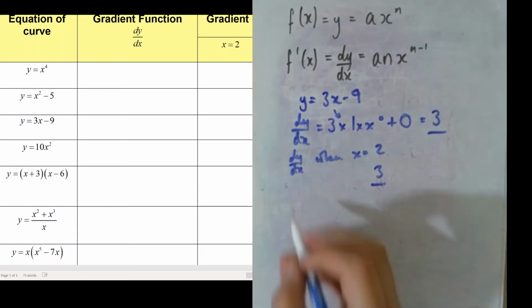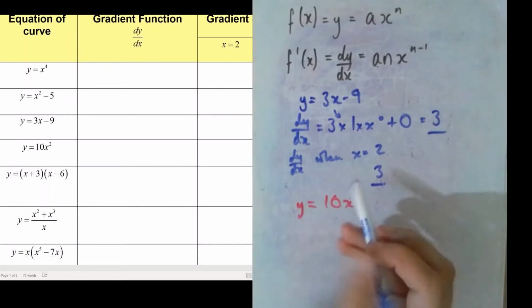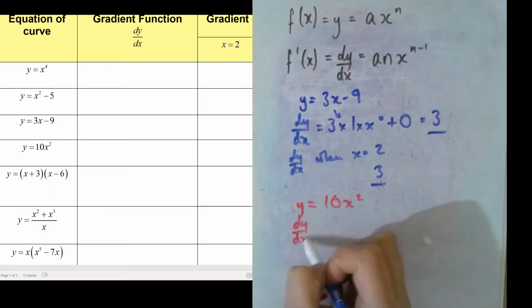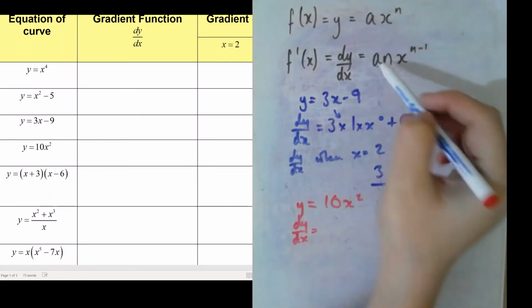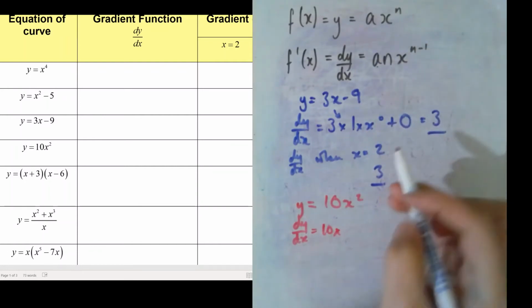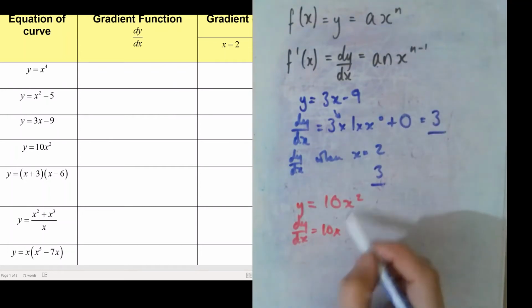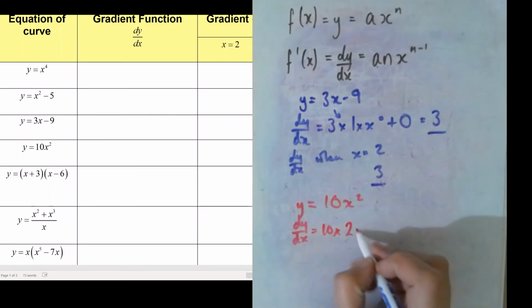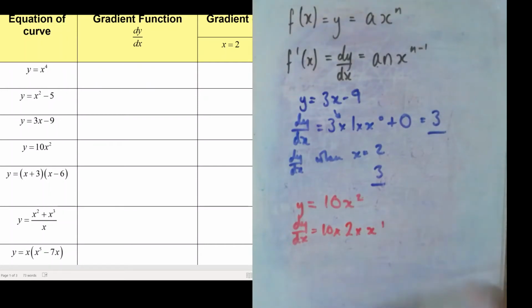Next one. I have y equals 10x squared. So dy dx. So a equals 10, so this a is going to stay. And then I need to bring the power down, so that n is brought down there, so that would be 2 times x. Instead of to the power of 2, it's just to the power of 1 because you're dropping a power.